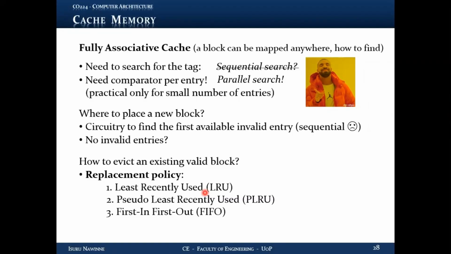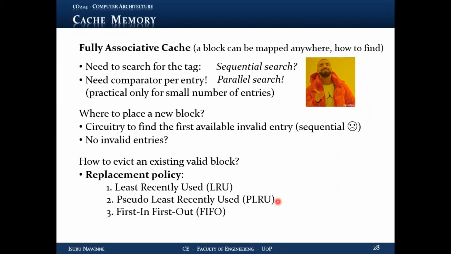So rather than the ideal LRU policy, most caches use this pseudo LRU policy, where you are not time stamping everything per se, but you can come up with some simpler mechanisms which is closer to LRU but not exactly LRU.